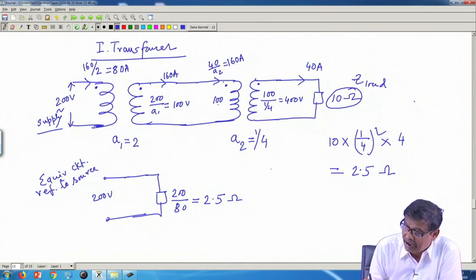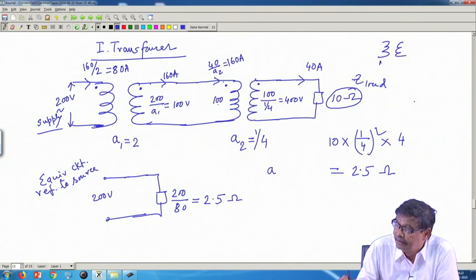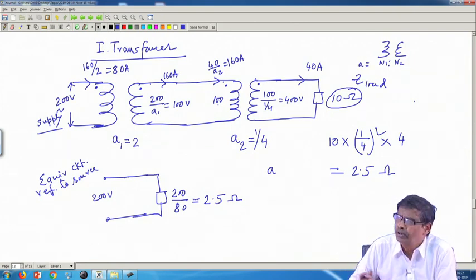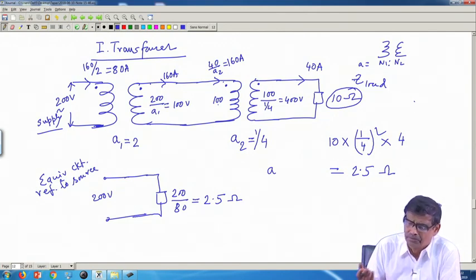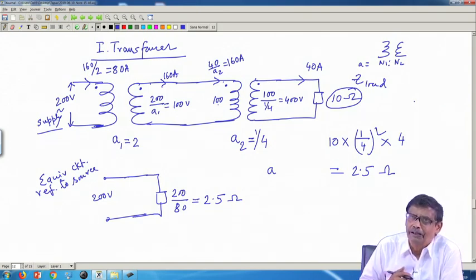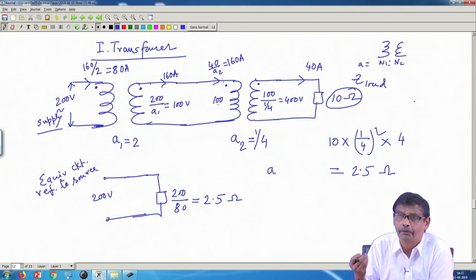See, A I have defined for a transformer, I have defined A to be N1 is to N2. A is this. It may be greater than or less than 1, depending upon whether stepping up, stepping down voltage, etc. Therefore, current should be divided by A, voltage should be multiplied by A. Students get sometimes confused while solving numerical problems.